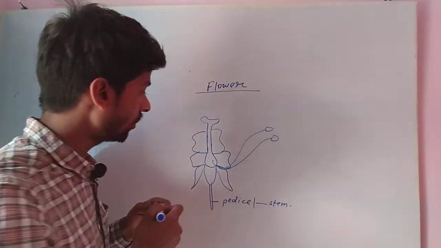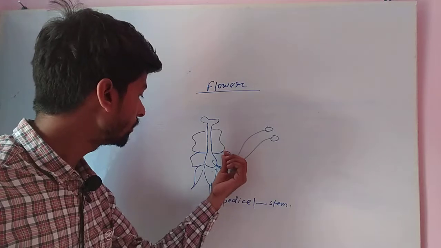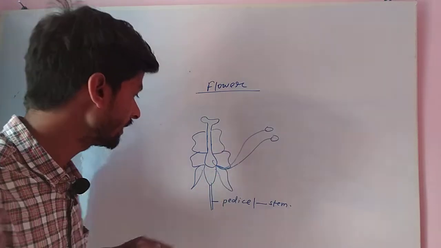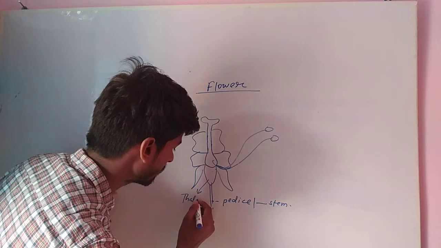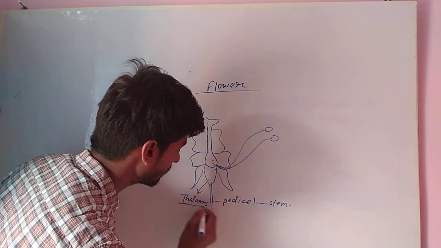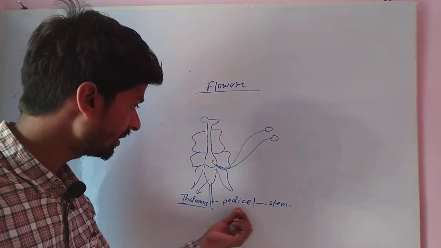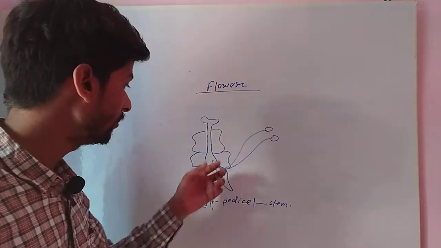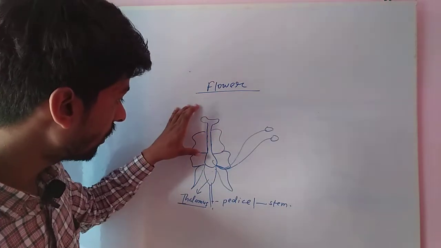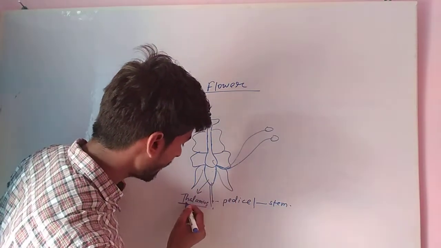By holding the pedicel or the stem, we give the flower to someone. And where all the parts of the flower are attached, that is known as the thalamus.